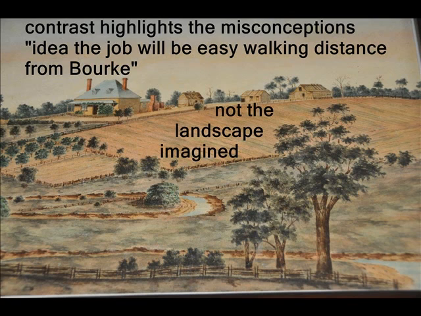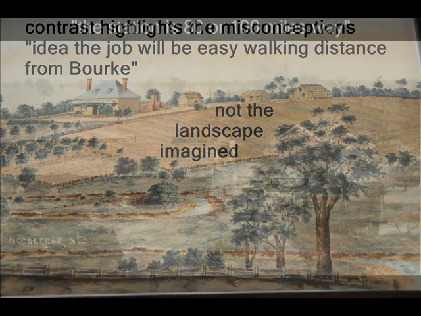And I've included this image because it's the idea that they thought it was going to be a little bit like this, a much more socially organised and much easier environment, a little bit like Joe Wilson's courtship, a more settled environment. And so you've got this idea of the misconception, and it's obvious that it's not the landscape that these young men imagined. We know that even before they do.